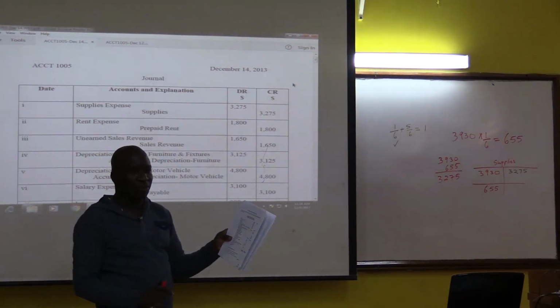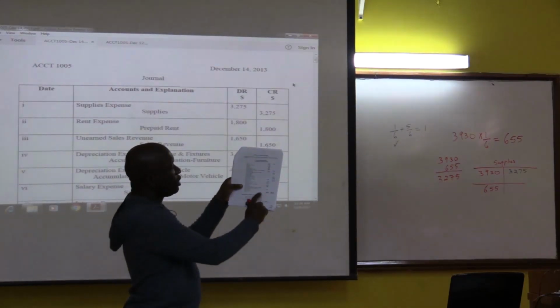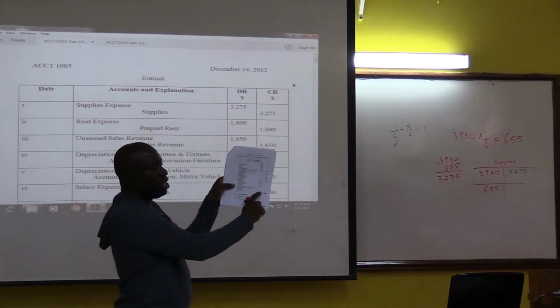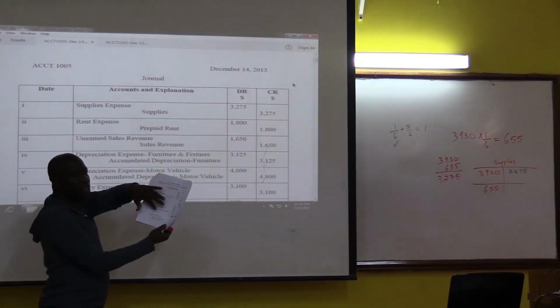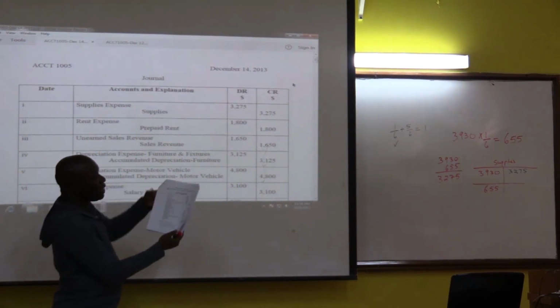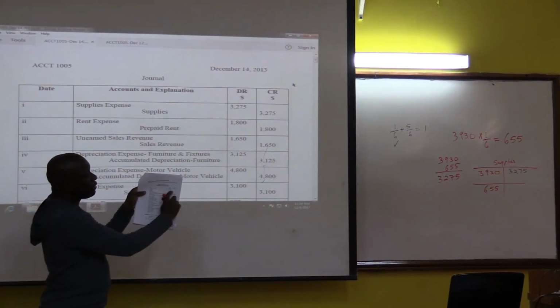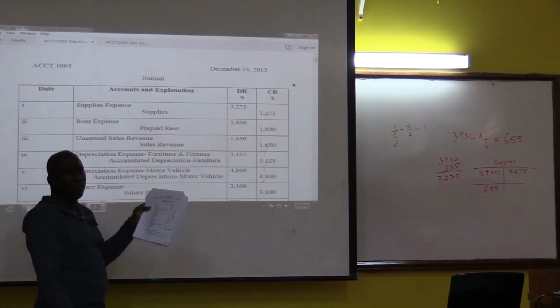Everybody okay with that? So that's the reason why they left supplies expense blank on the question paper. Is that clear?